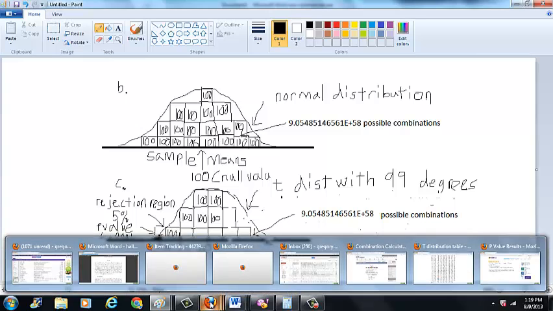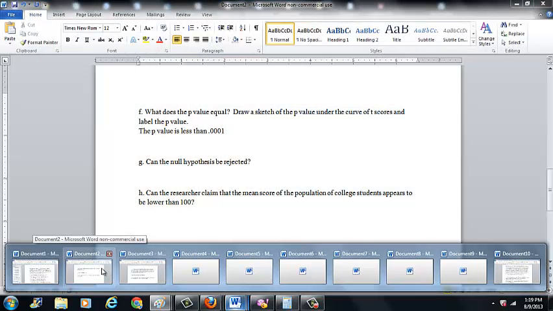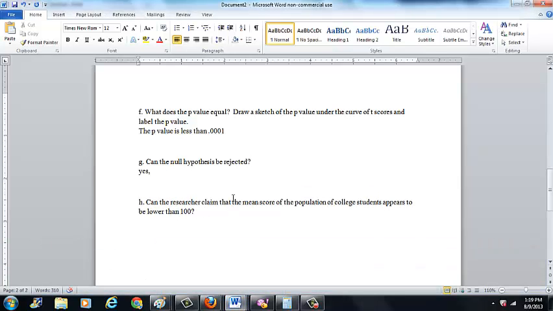So, can the null hypothesis be rejected? Yes, because the test statistic is at or beyond the critical value, and the p-value is at 0.05 or lower.